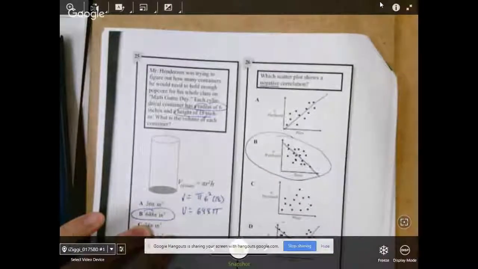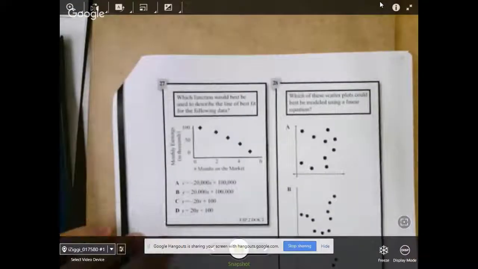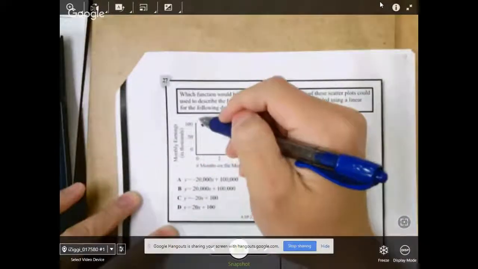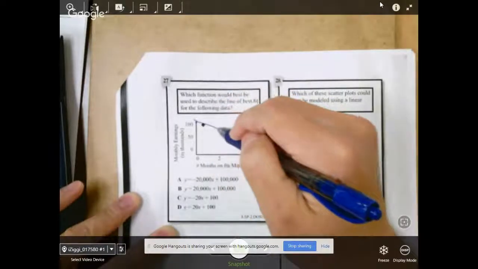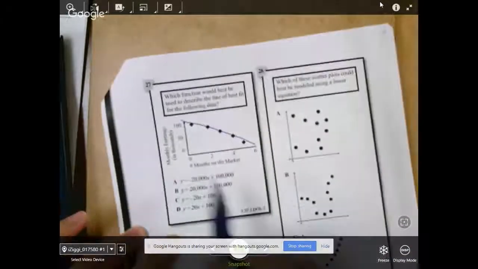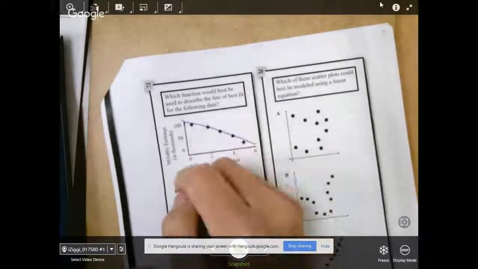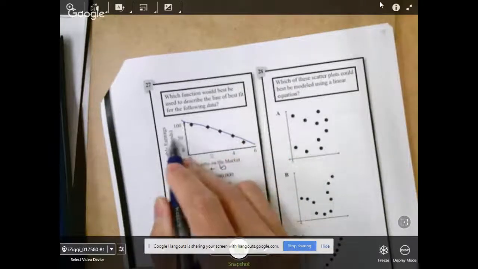27, which function would best be used to describe the line of best fit for the following data? All right, so for the y-intercept, it looks like it's about 100 here, if I drew a line of best fit through there. But look, for y equals mx plus b, the y-intercept's about 100, but the y units are in thousands, so that's 100,000.